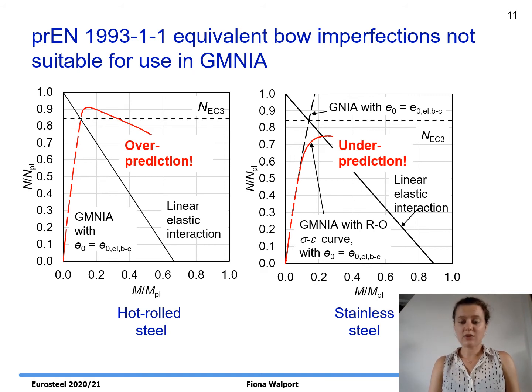In the case of hot rolled steel, no allowance is made for the post-yielding strength, and utilising the current imperfections would result in an unsafe prediction compared with the buckling curves. Conversely, for stainless steel, the early material yielding results in a conservative result.